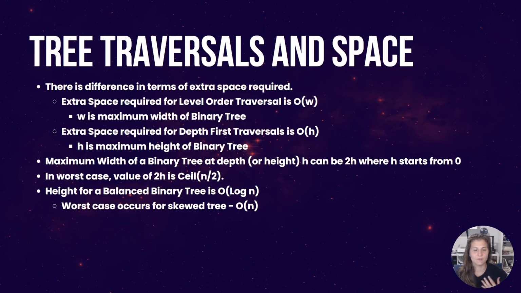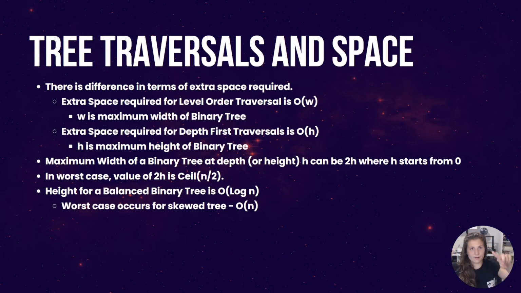So now we have to start thinking about what is our maximum width, or that worst case, when we do a level order. The maximum width of a binary tree at its depth or height h can be 2^h, where h starts from 0. So the maximum number of nodes can be at the last level.